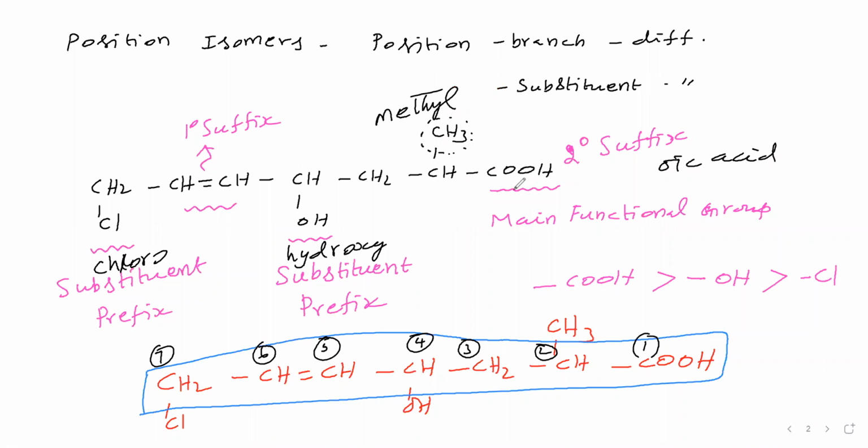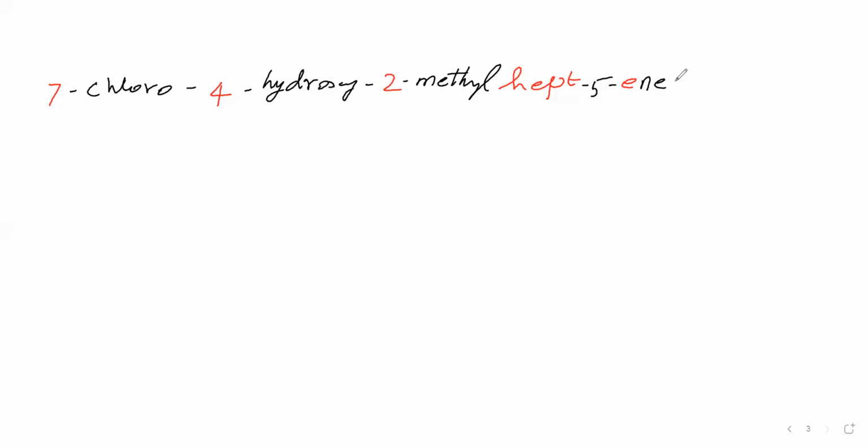Carboxylic acid. Its secondary suffix name is oic acid. That oic acid we will write here. Oic acid we have written, so we have written the secondary suffix name.